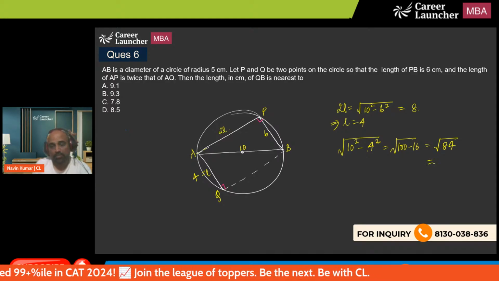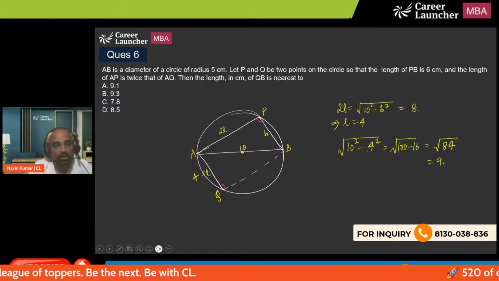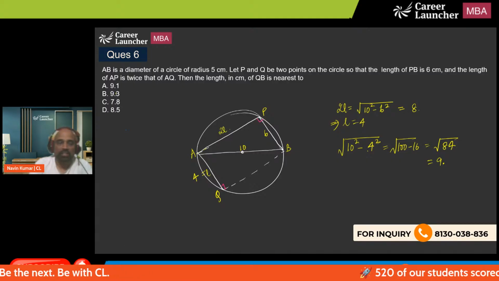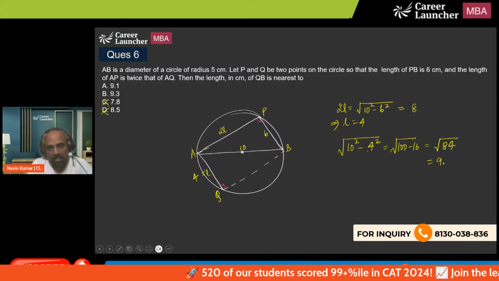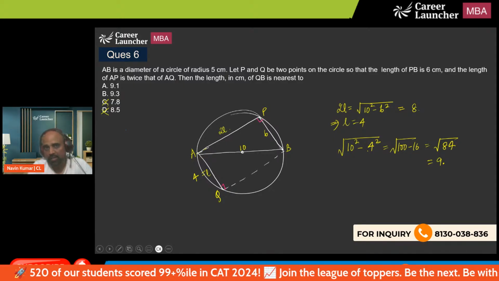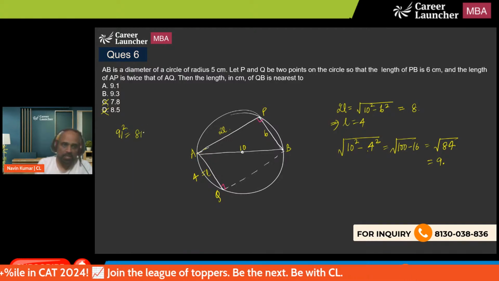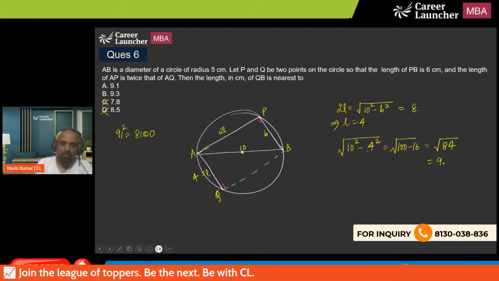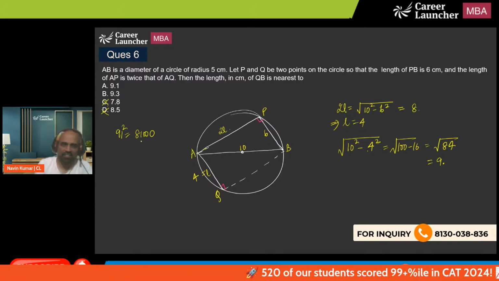Now, under root 84 is going to be 9 point something. Now, is it going to be 9.1 or is it going to be 9.3? That is something that we need to figure out. Now 91 square is 8100 plus 91 plus 92, which is 181.